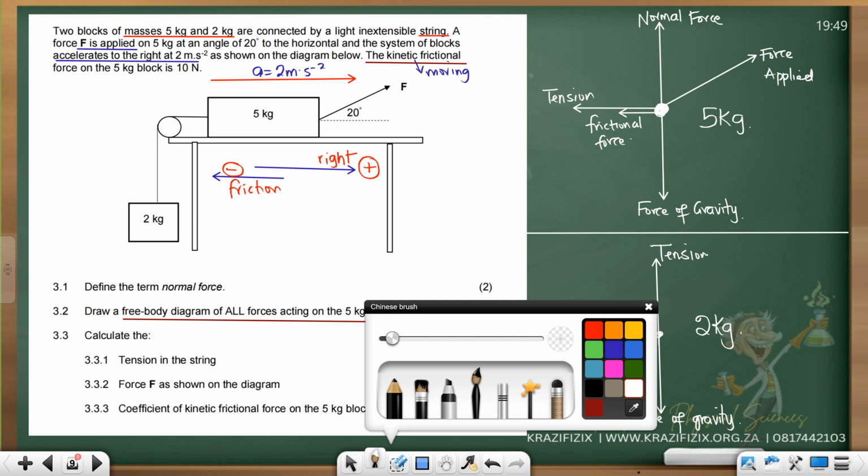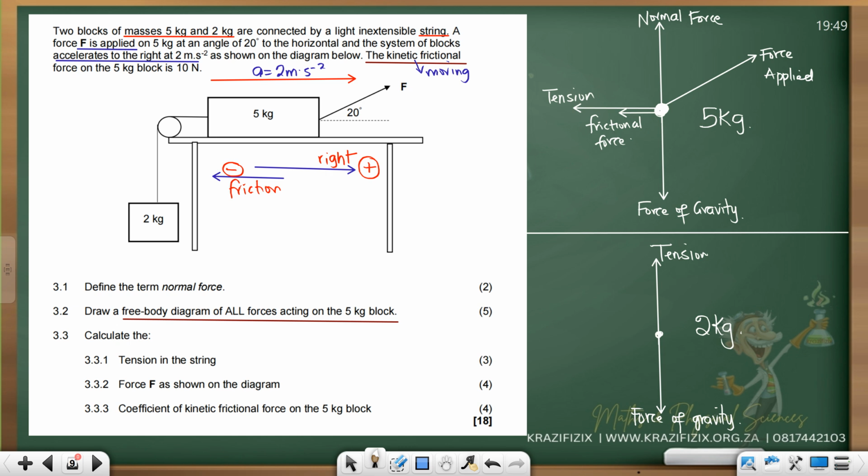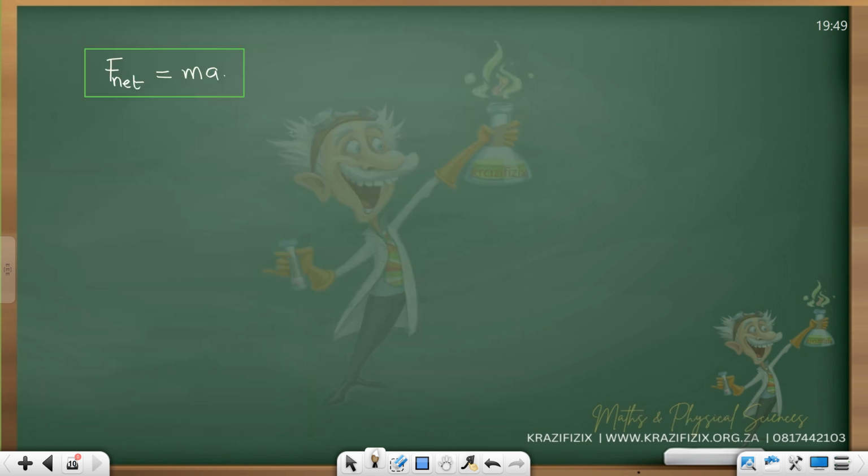Guys, before I continue, we spoke about this last week. We don't work with inclined forces. We only work with vertical and horizontal forces. Please, that is so important. We work only with vertical and horizontal what?